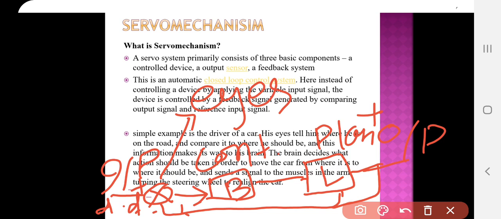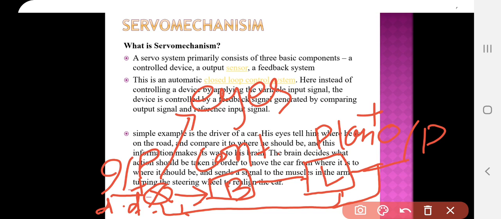When the driver starts to drive a car, his eyes tell him where he is on the road and compare it to where he should be, and this information makes its way to his brain.